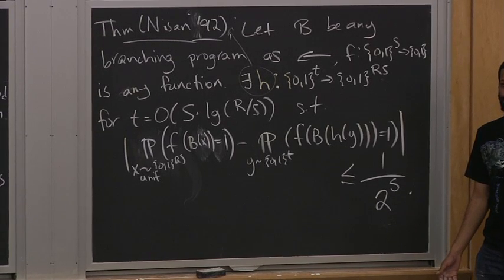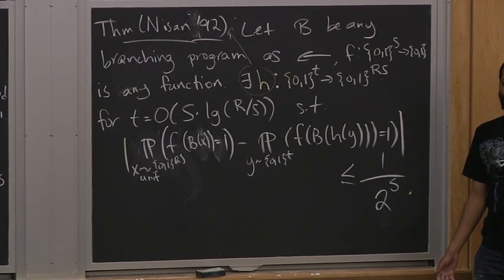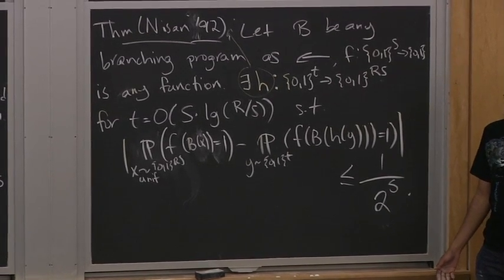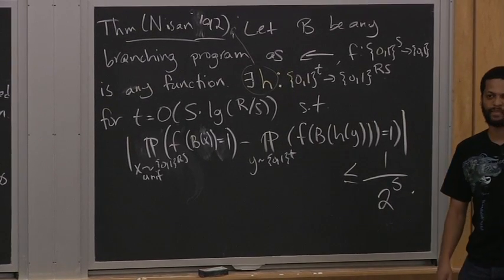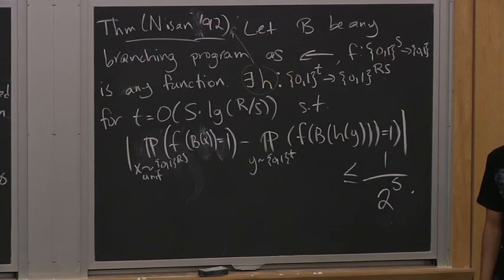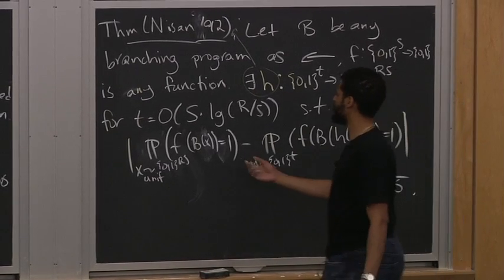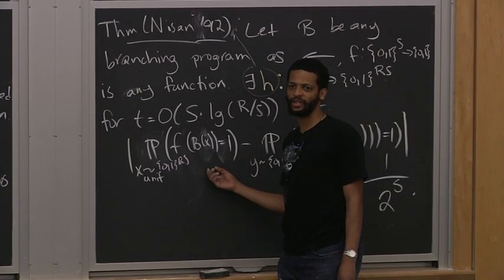Okay? Questions about the statement of this? Oh, right. So the probability that you're equal 0 is just 1 minus the probability that you're equal 1, right?